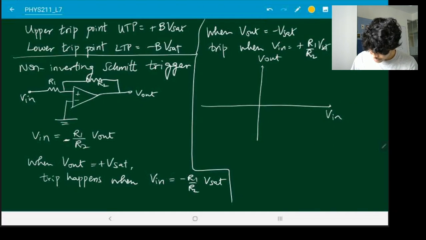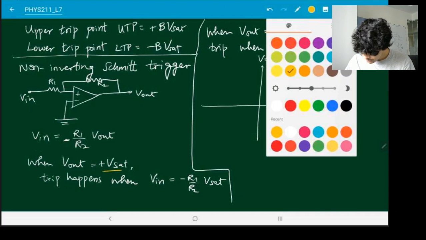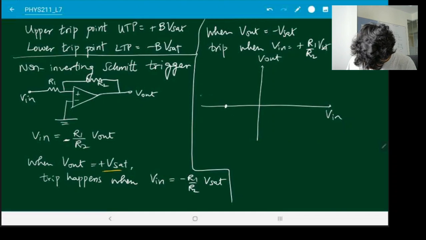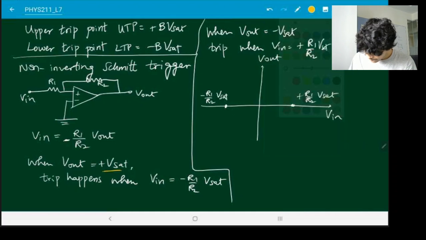when you are already at plus Vsat, then the tripping will happen for the negative one. So let's call this my minus R1 by R2 Vsat, and this point is plus R1 by R2 Vsat. So when you're at plus saturation, your tripping occurs over here.